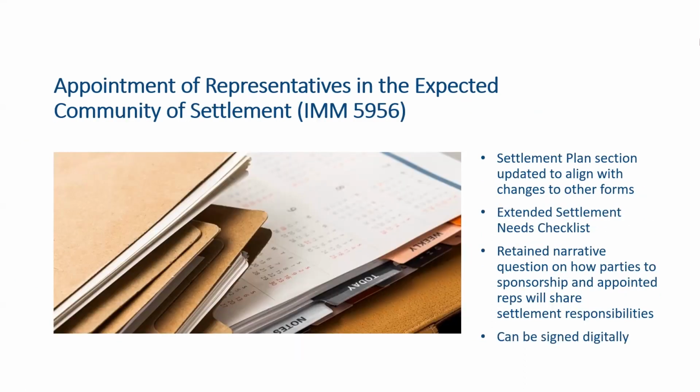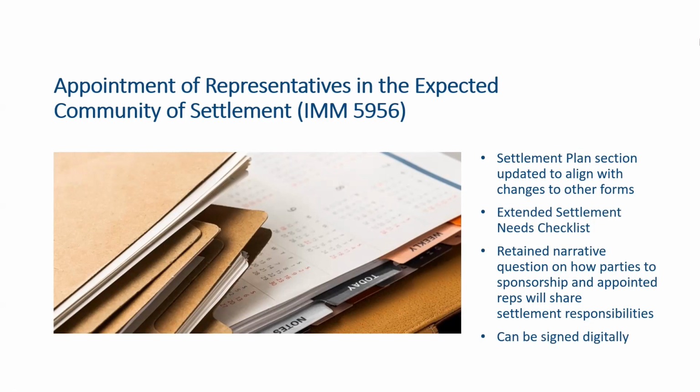Okay, so moving on to the IMM 5956 form, the appointment of representatives in the expected community of settlement form. I'm not going to pull this form up because there's only one major change here. It's pretty much the same form as you're using now. The only change is the extended settlement needs checklist that we looked at. That has also been introduced into the IMM 5956 form.